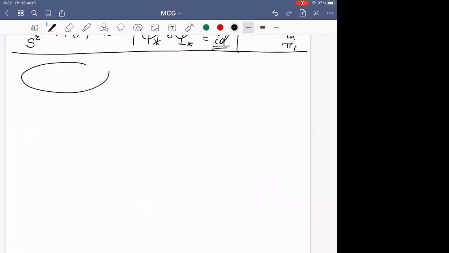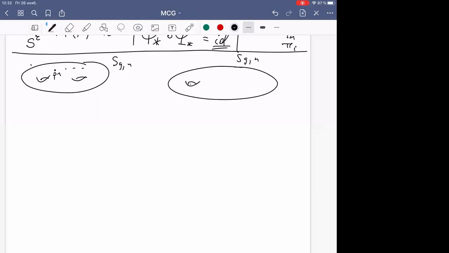Once more, we have this surface with P1 and several other punctures, and this is SGN. And we have this surface, the same surface with deleted P1. This is SGN minus 1.